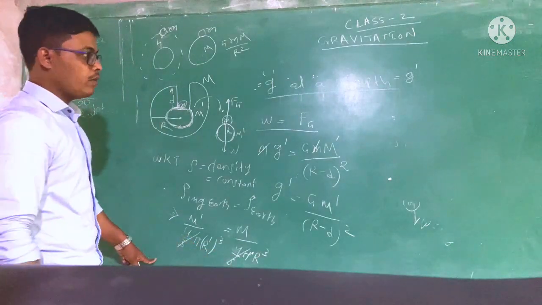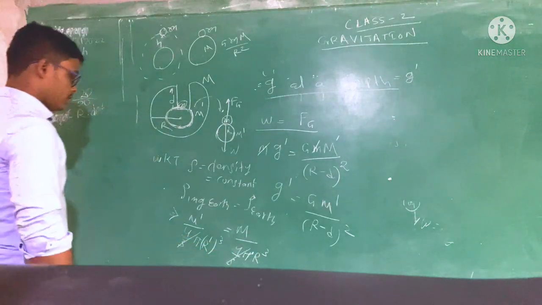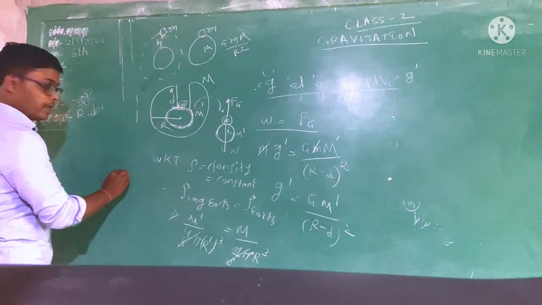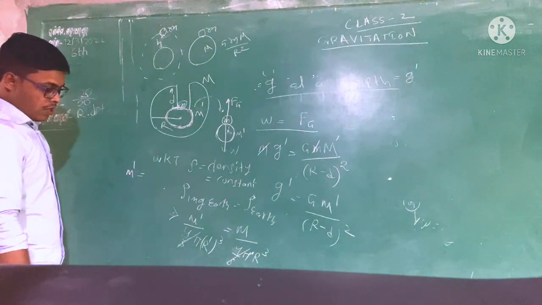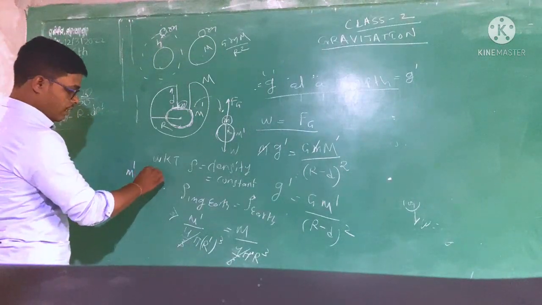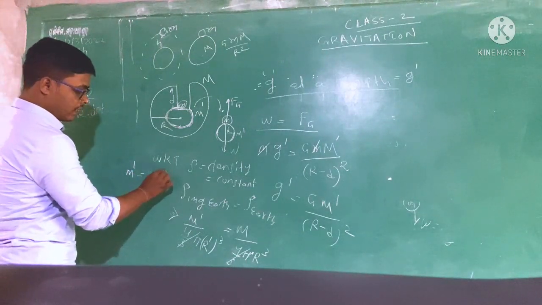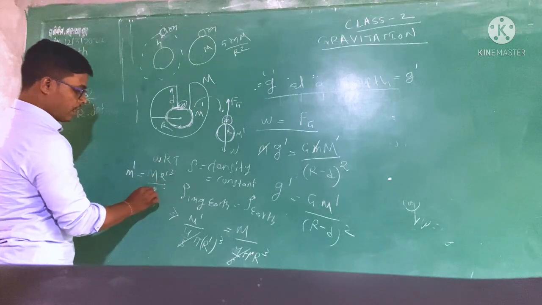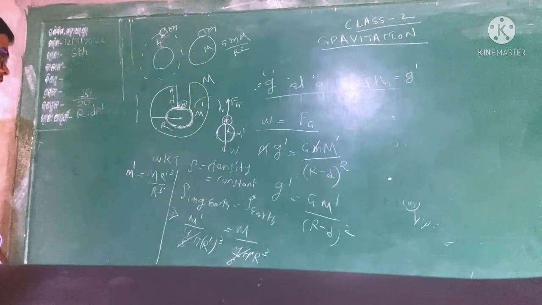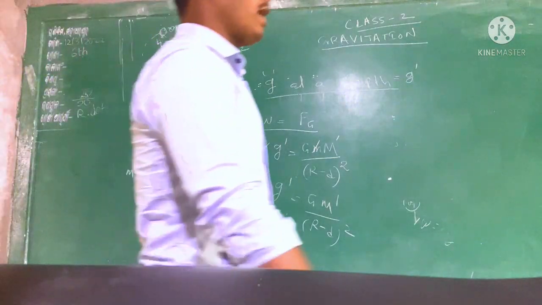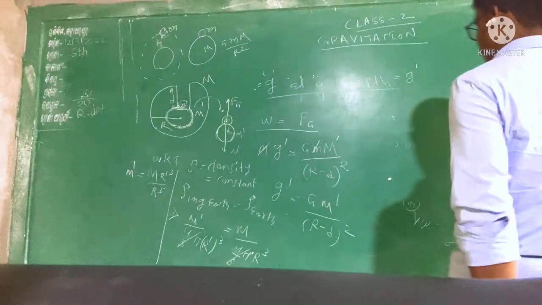So what is the value of M dash we obtained? M dash equal to capital M into R dash cube divided by R cube.